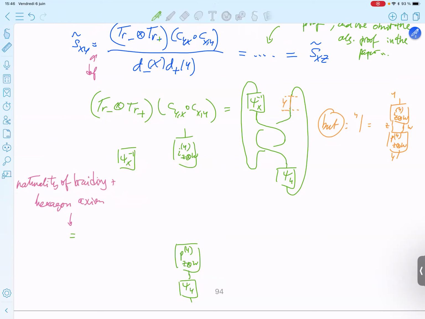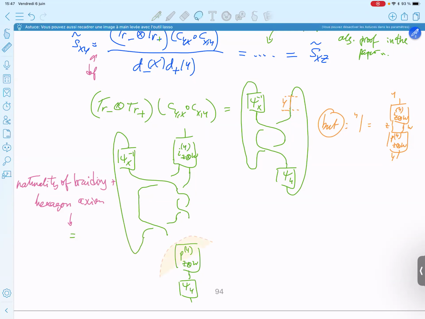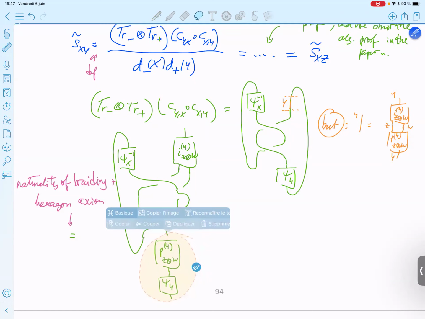So first, we have the double thing. You first make the braiding with this one, then the braiding here, again here, and then the braiding here. Okay, and this will be closed like that, and this one goes there.